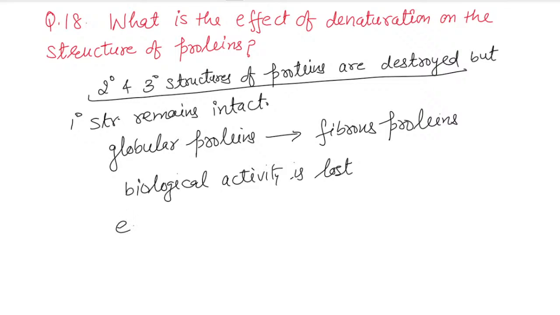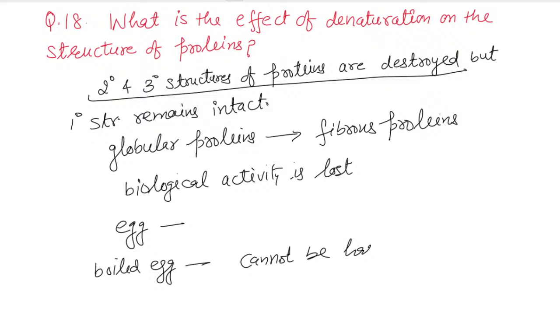An egg that is not boiled can hatch to produce chickens, but a boiled egg cannot. That's it.